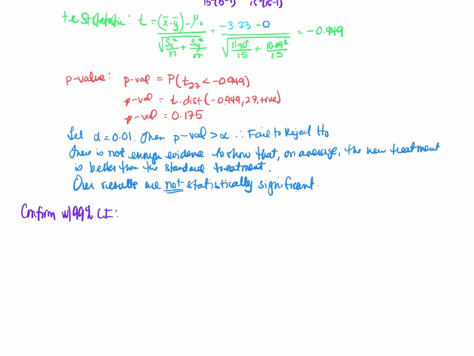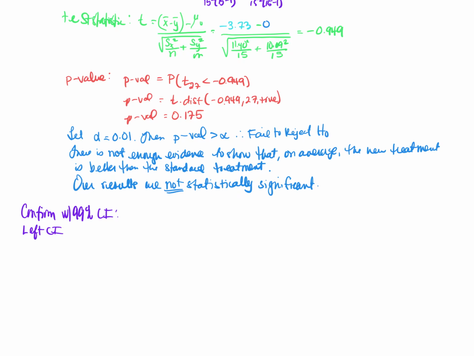We're only going to have a single-sided confidence interval, which means it's going to start at negative infinity, and we're not going to have an alpha over 2. We're just going to use alpha because we want all of that probability in the one tail. There are not two, there's just one.